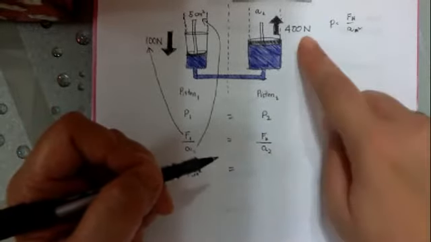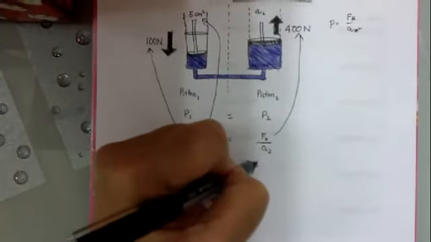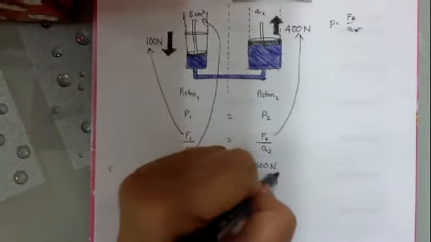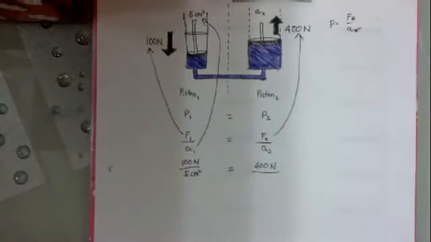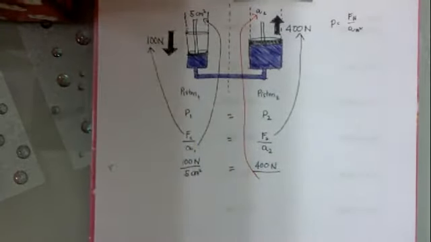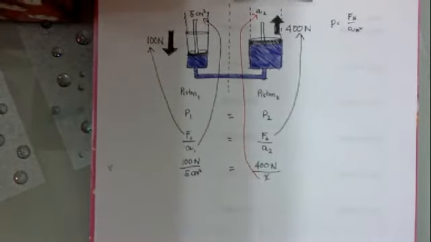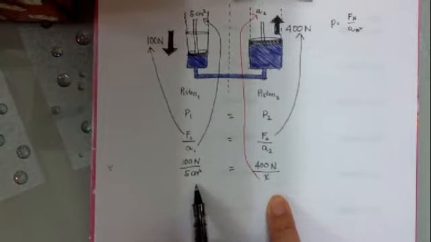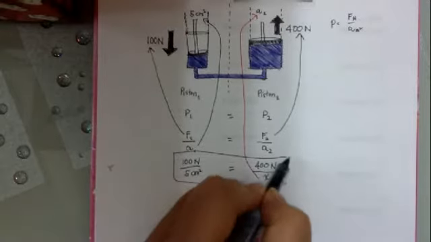The force produced is 400 newtons, so 400 newtons divided by the area of piston 2. Do we know what the area of piston 2 is? No, it is not given. So assign a variable. I just prefer to use x. Now you have an equation that you can already solve.